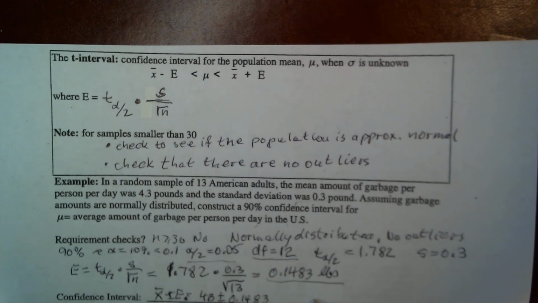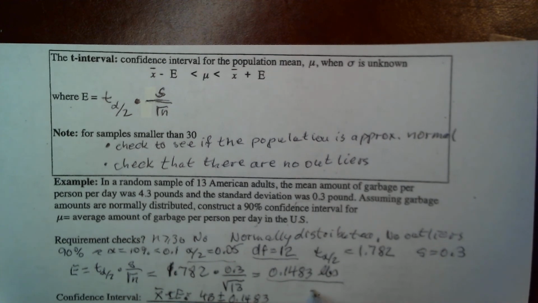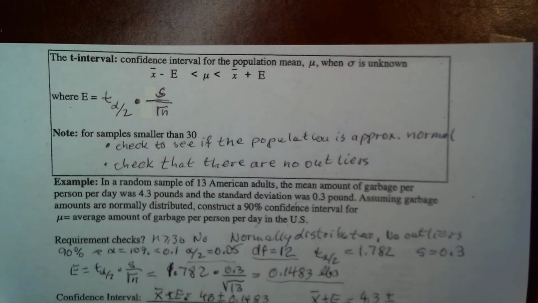So let me rewrite this here. x bar, the sample mean, plus or minus the margin of error, equals 4.3 plus or minus 0.1483.